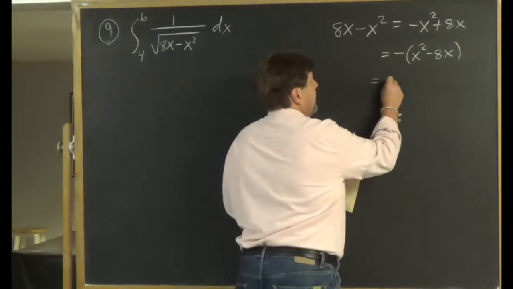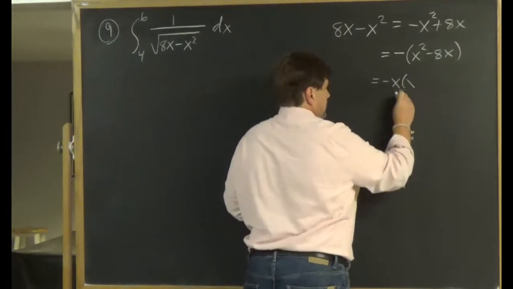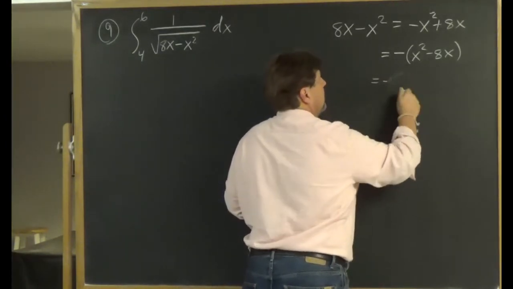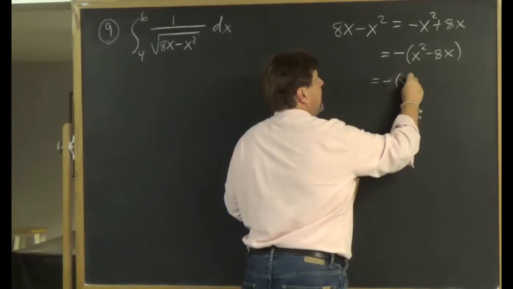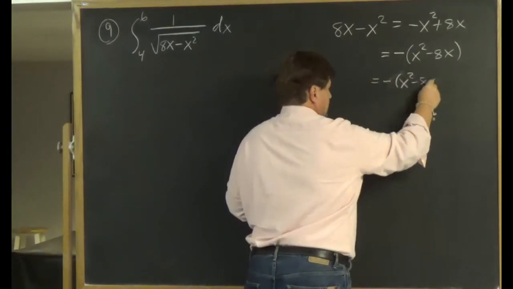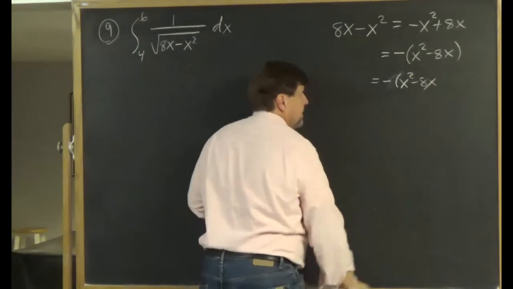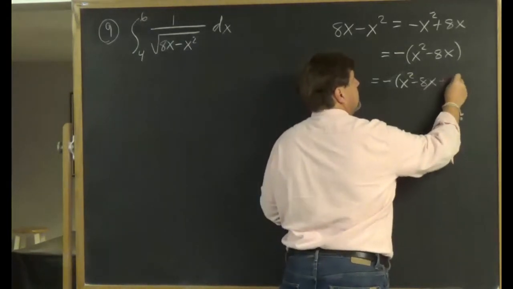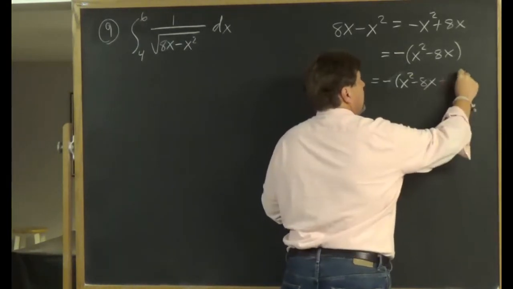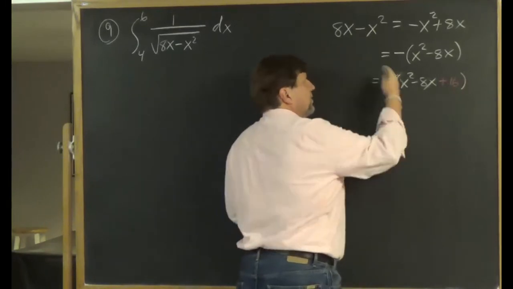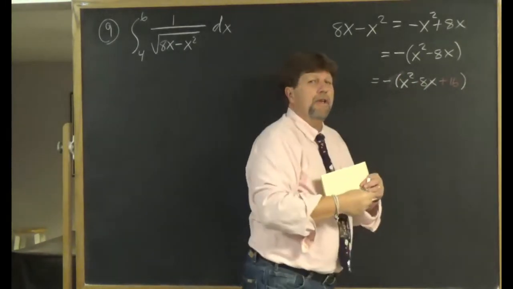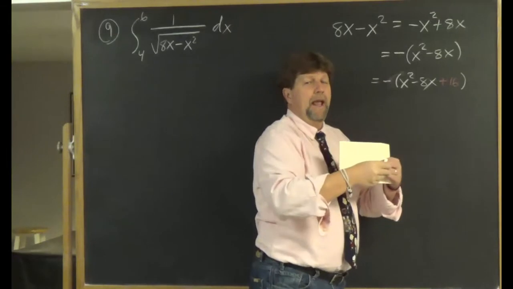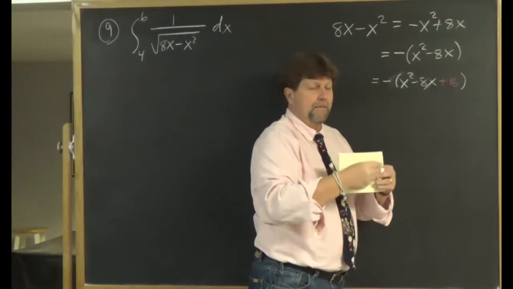So let me go ahead and add in the 16. But I have to preserve the overall value here. I can't just arbitrarily add a 16. I have to do something else.